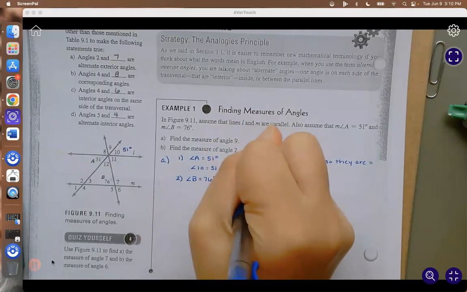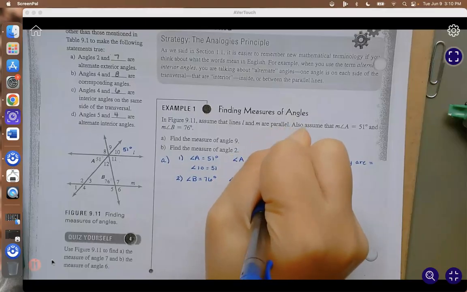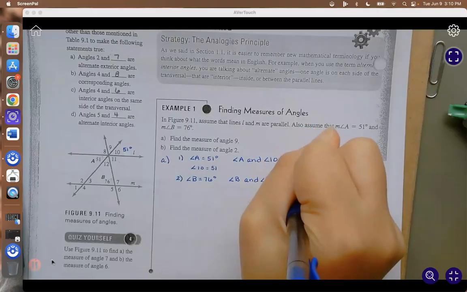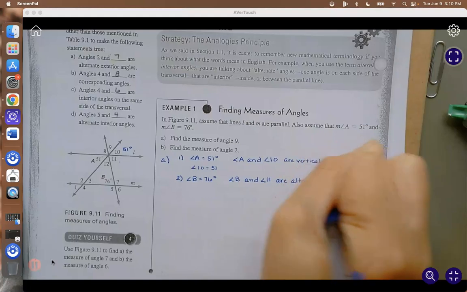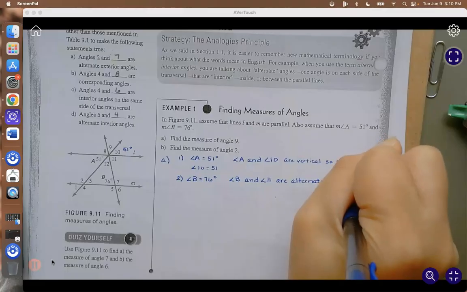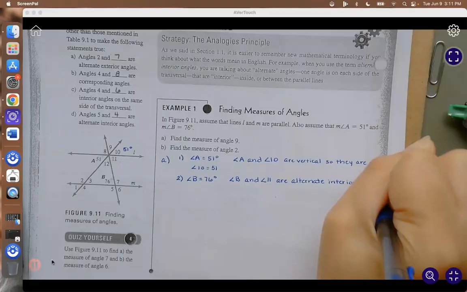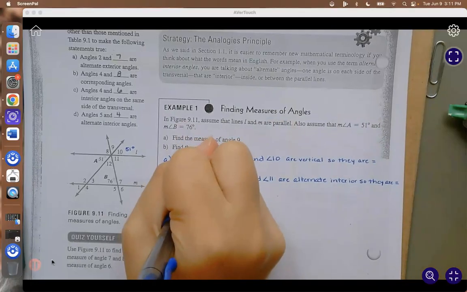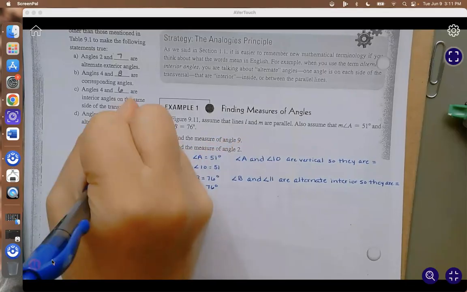Angle B and angle 11 are alternate interior. So they are equal. So angle 11 is 76 as well.